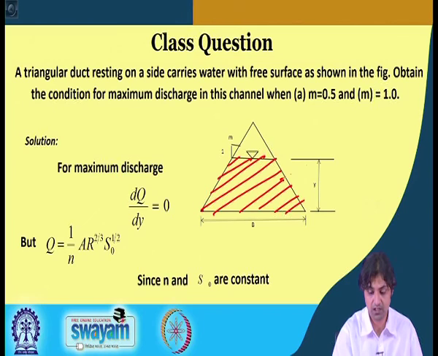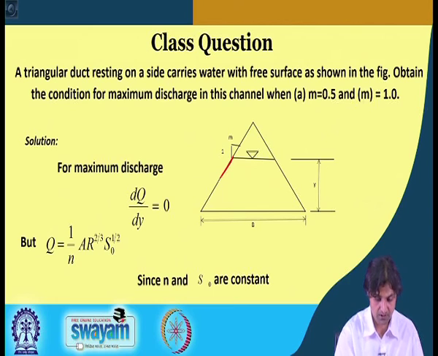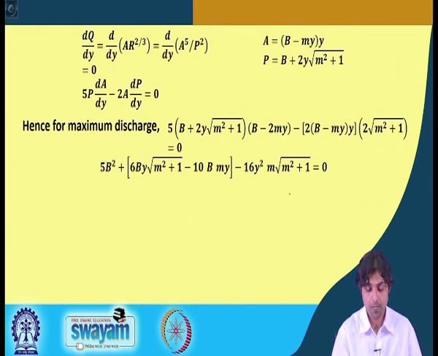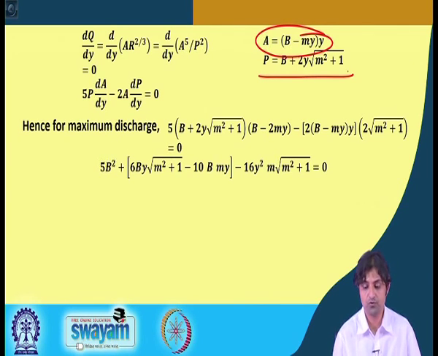I will take this out, and this is the perimeter, the wetted perimeter, alright. So, area is (b minus my) into y, perimeter is b plus 2y under root m square, you can verify it yourself.